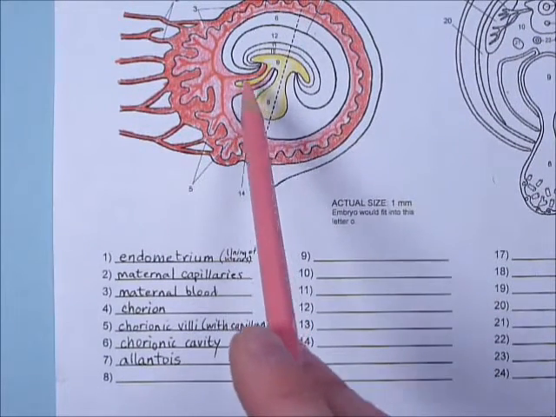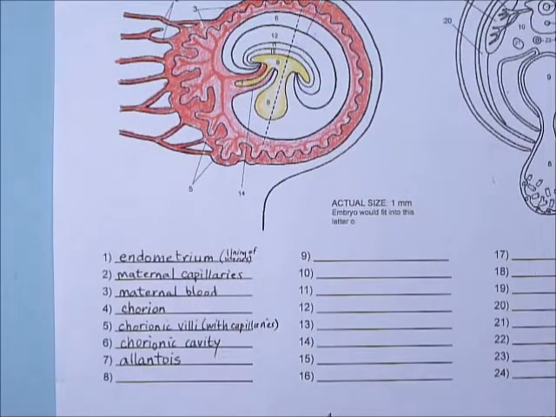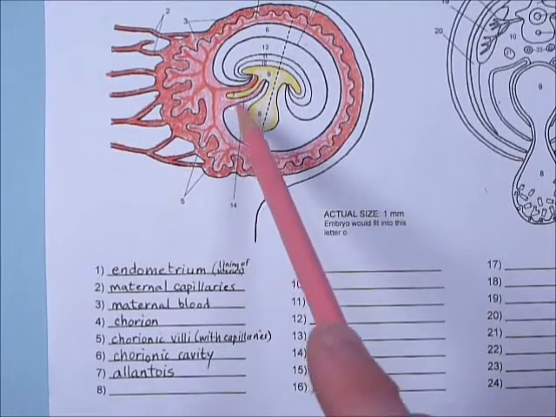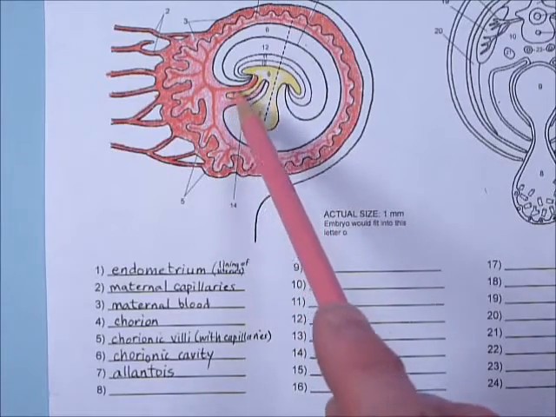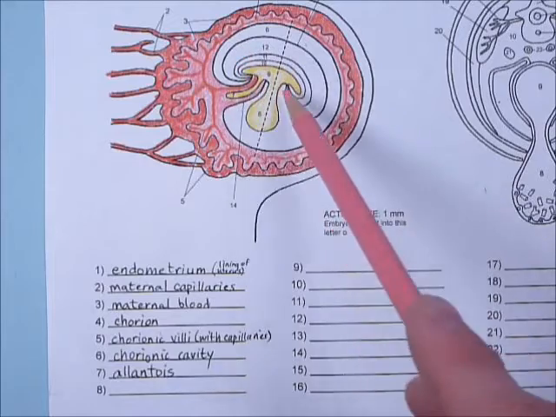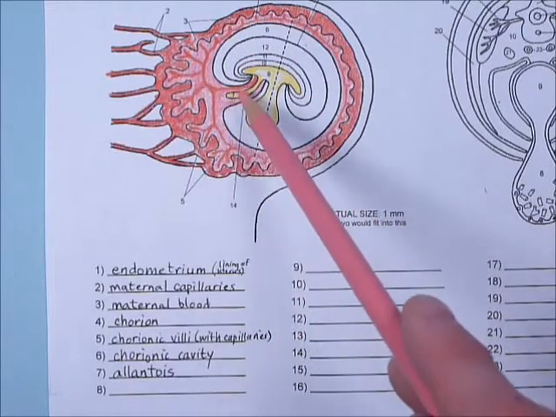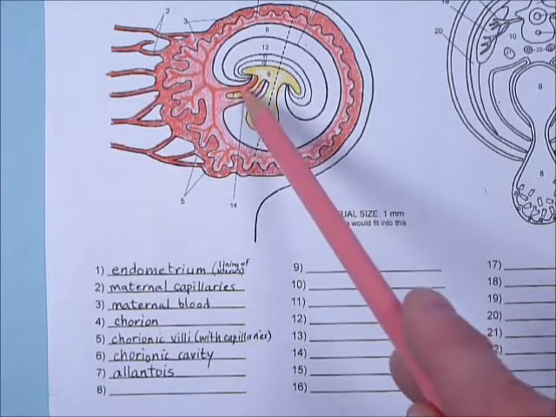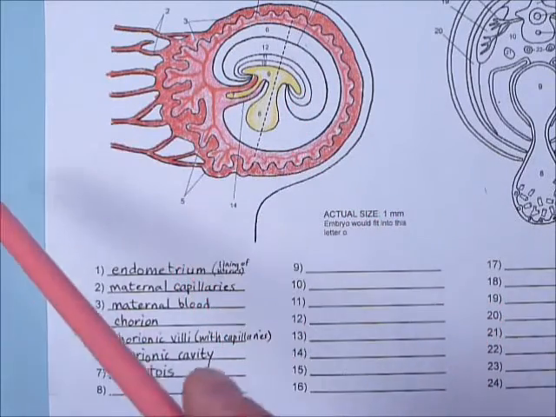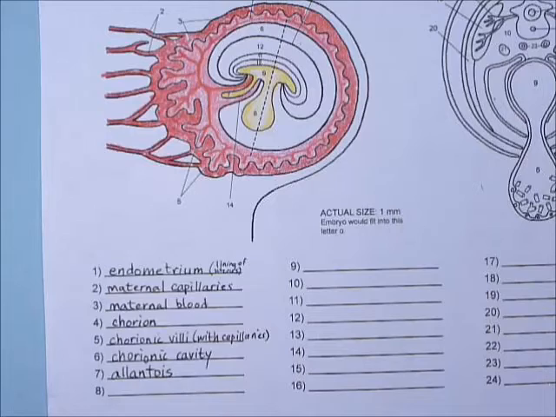Now, the allantois in a chicken or a bird egg is much larger and much more important. The allantois here is not going to be needed after a while. Once we get kidneys up and running, once we have a nice placenta formed, we really aren't going to need this garbage bag anymore, because the baby's waste can just get sent out to the mother's bloodstream and go out as the mother's waste.